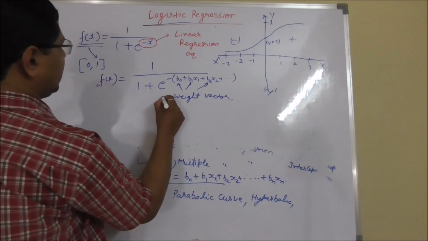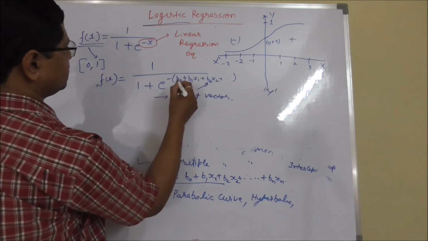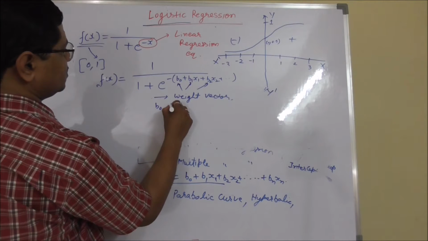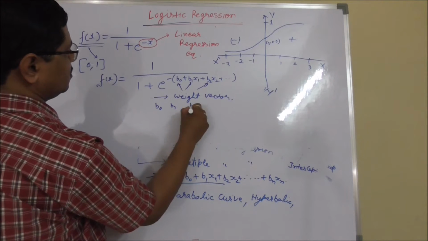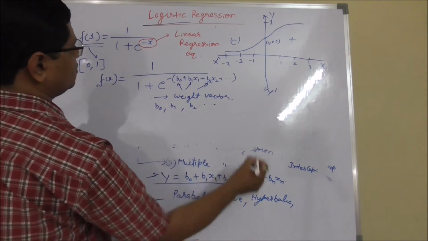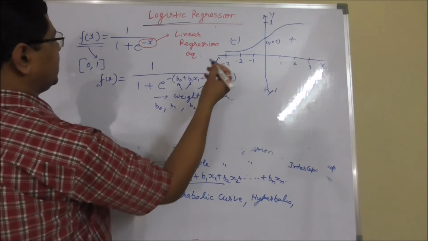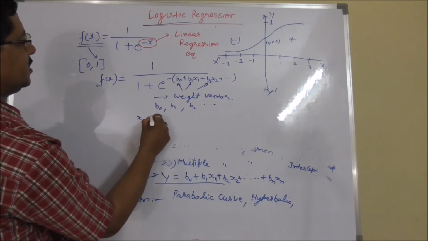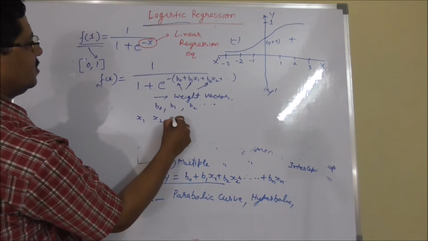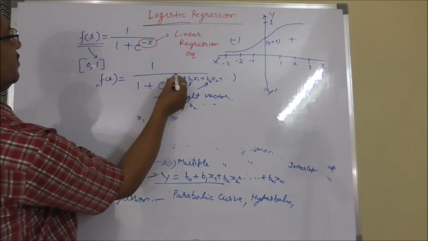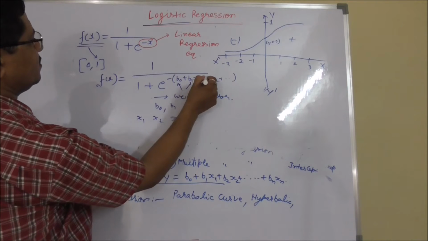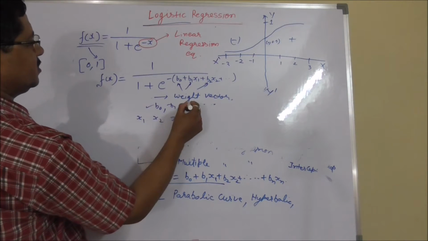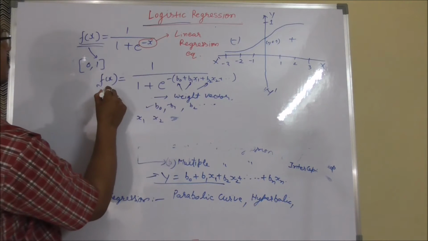Now, if we have the values of the weight vectors, then we can easily identify the class of any point. Suppose we are given points x1 and x2, then we can identify the class by putting the values of x1 and x2 here, and by using the values of b0, b1, b2 we can easily get the value.